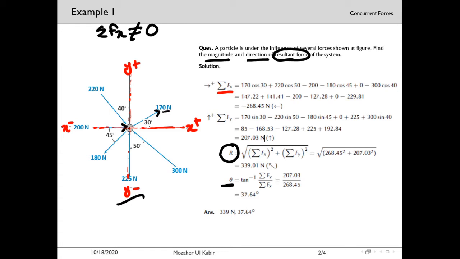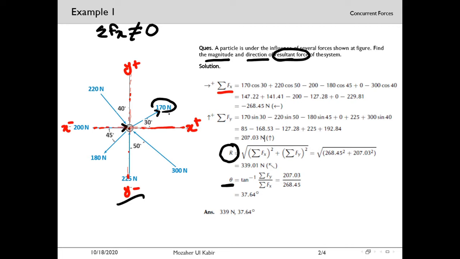So starting with this 170 Newton force, we know that each and every force will have two components. One is in horizontal direction, that means in x direction, and one will be in y direction. So similarly, this 170 Newton force will be having two components.